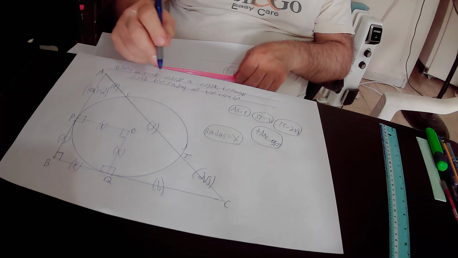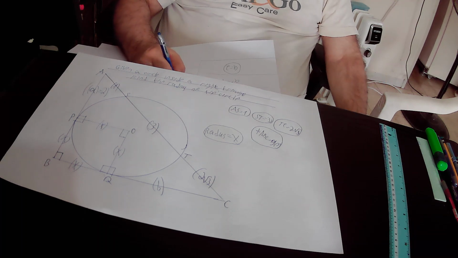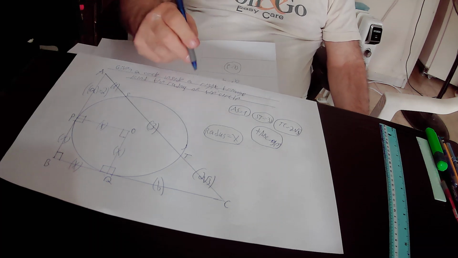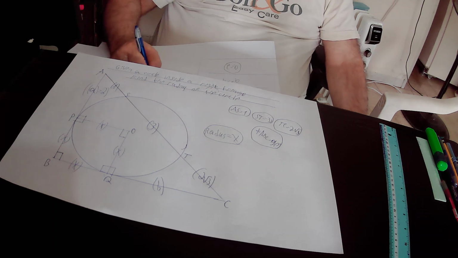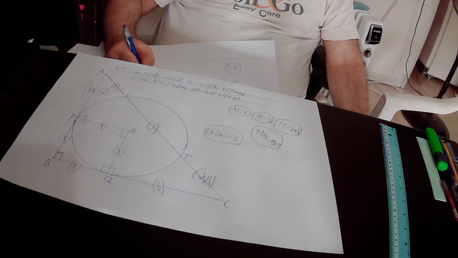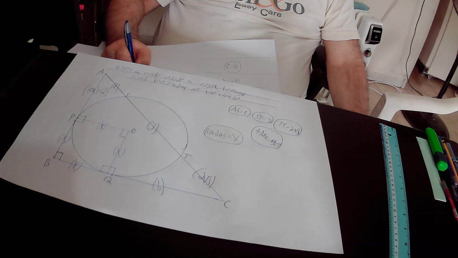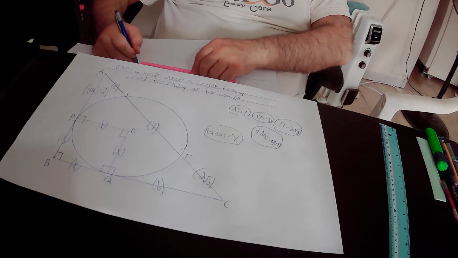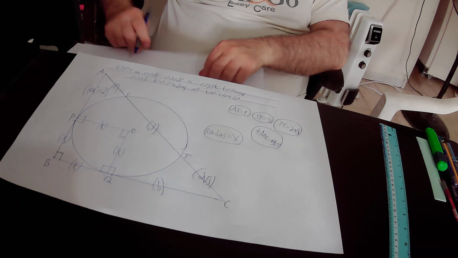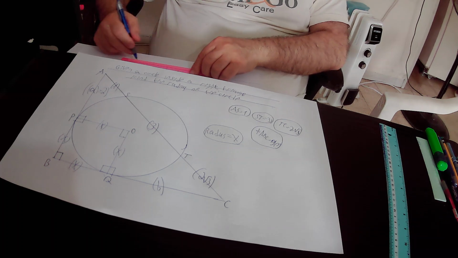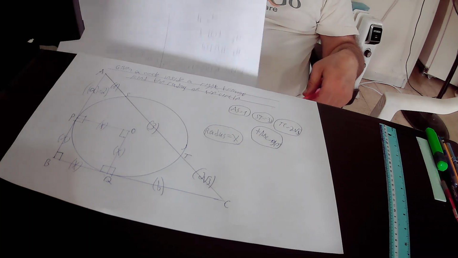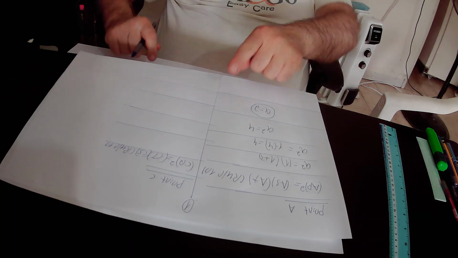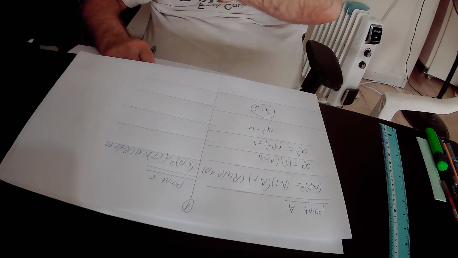CQ squared equals CT times CS. Repeat again. According to Rule 10, CQ squared equals CT times CS.